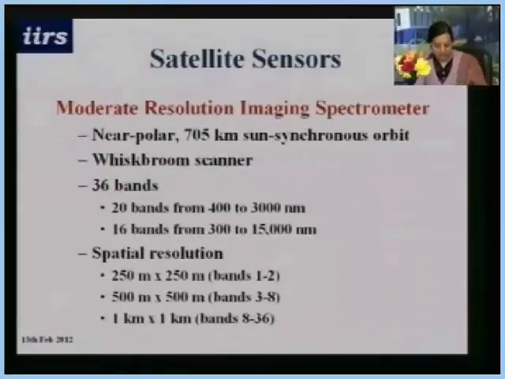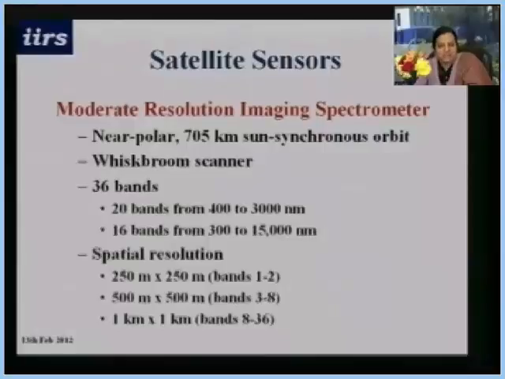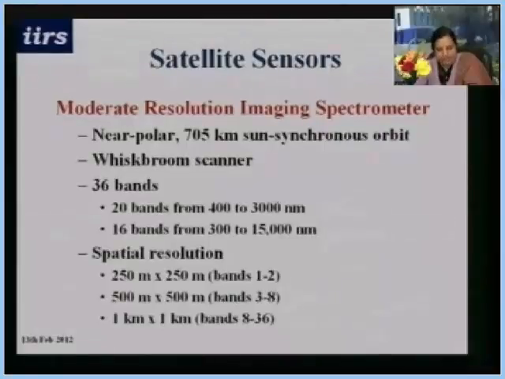In terms of satellite remote sensing or hyperspectral remote sensing, we have one instrument called moderate resolution imaging spectrometer. It is near hyperspectral. It's not exactly hyper, but to be considered a hyperspectral, which is a near polar whisk-broom scanner with 36 bands, 20 in the visible, near infrared, the shortwave infrared band up to 3 micrometers, and then 16 bands in the thermal, and it has a variable spatial resolution of 250, 500 and 1 kilometer.